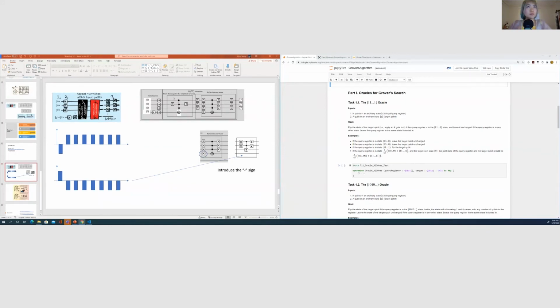So this Oracle all ones test is asking us to build exactly this Oracle here, except it's the all ones state that we want. So that's actually very, very simple. We use the Controlled X, exactly like these, and we make all of the query register our input.